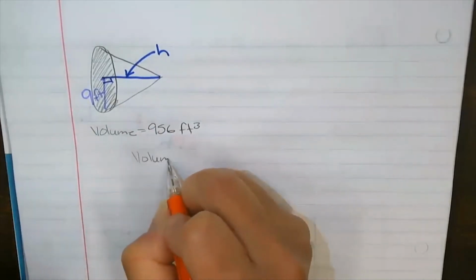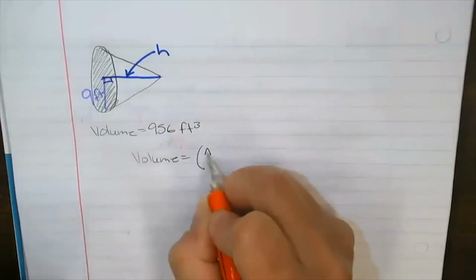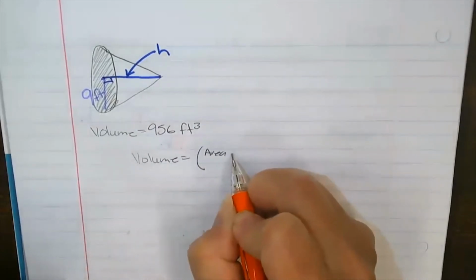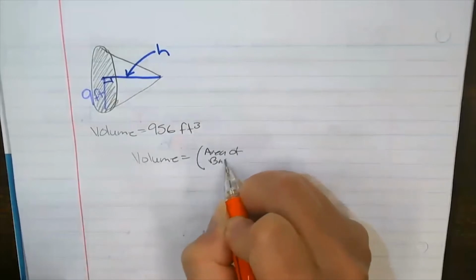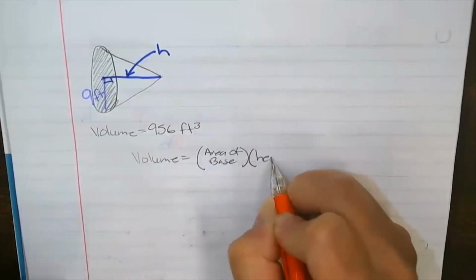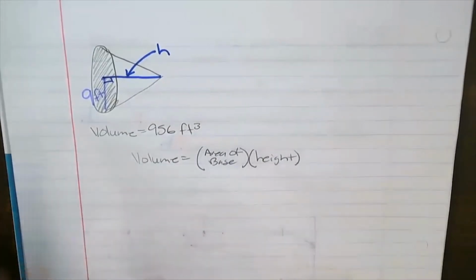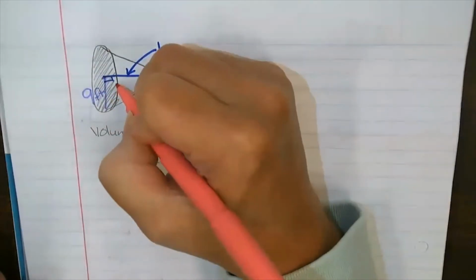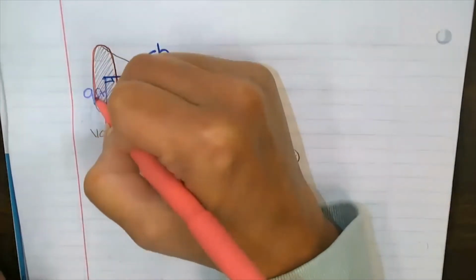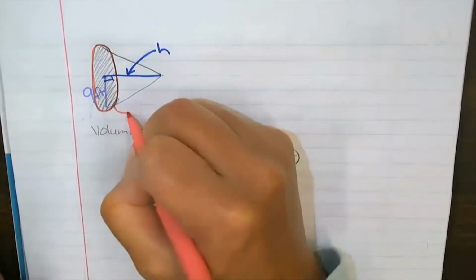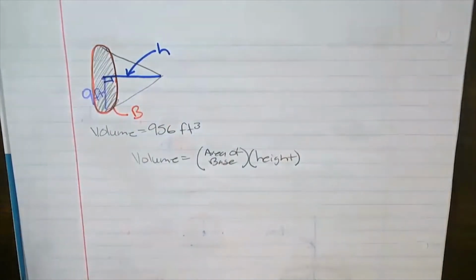Now, I know that the volume of a cone is equal to 1/3 the area of the base times the height. So they have not given us the area of the base, but we can find it.